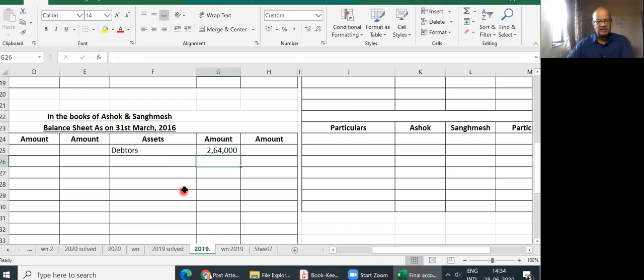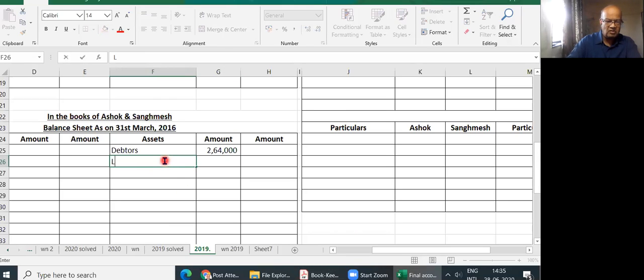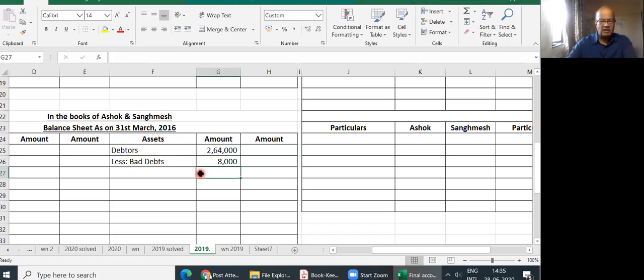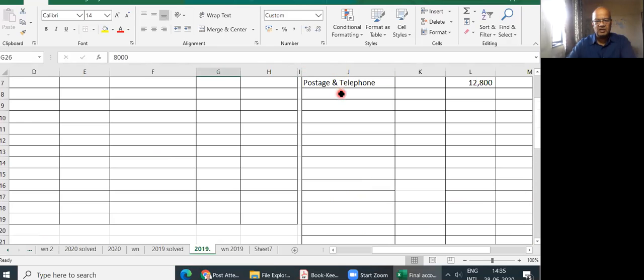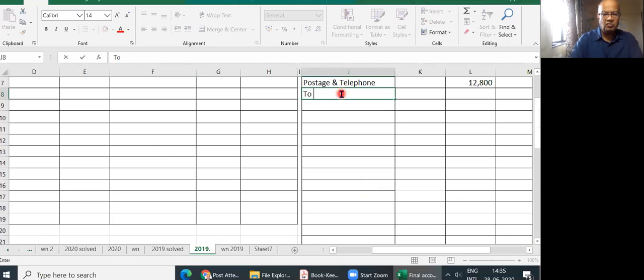Write off 8,000 as bad debts. So less bad debts 8,000, and 2,56,000 remains. And this 8,000 we will write in the P&L account.